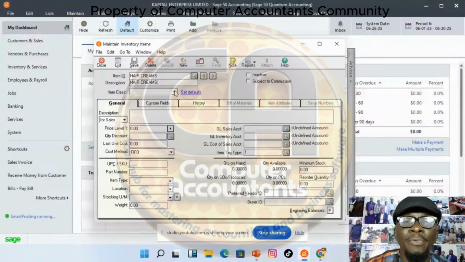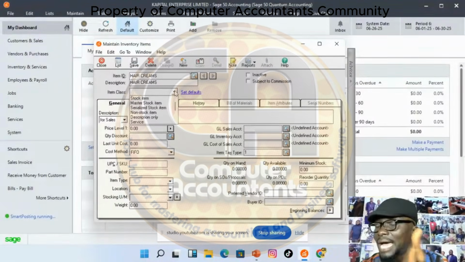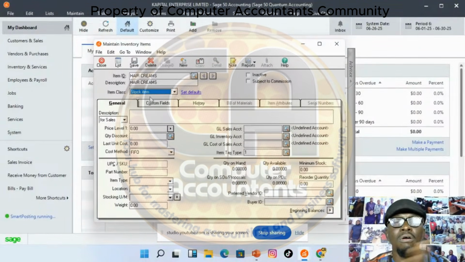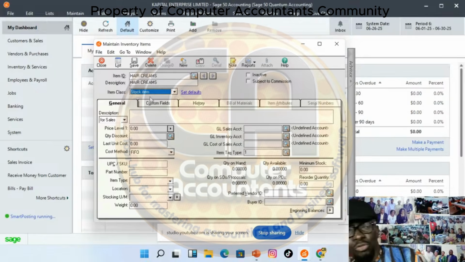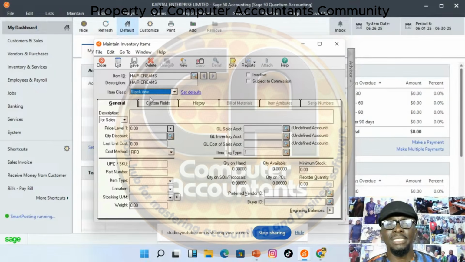Okay. Now, what class of item is this? It's a stock item. Good. Now I'm going to find out what the selling price of this item is.